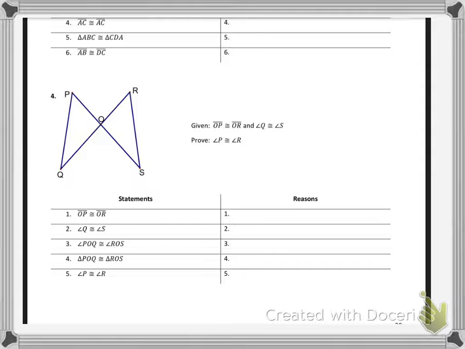Always start with what you're given. So we know that OP, so this line, OP is congruent to OR. That's a given. We also know that angle Q is congruent to angle S. That's a given.